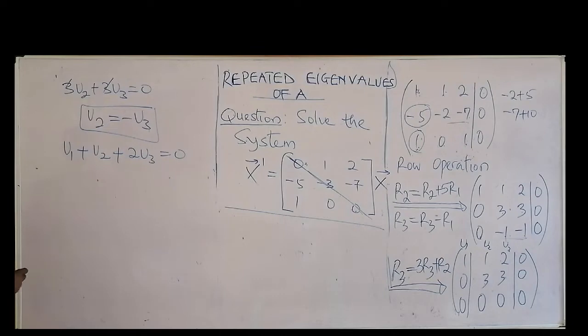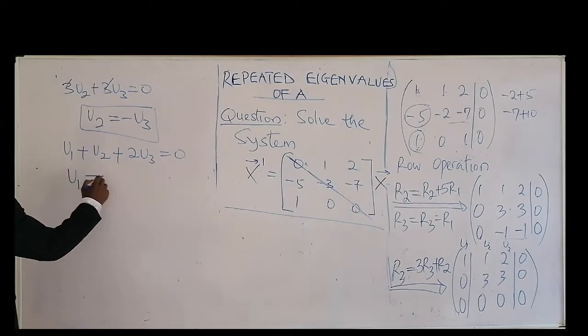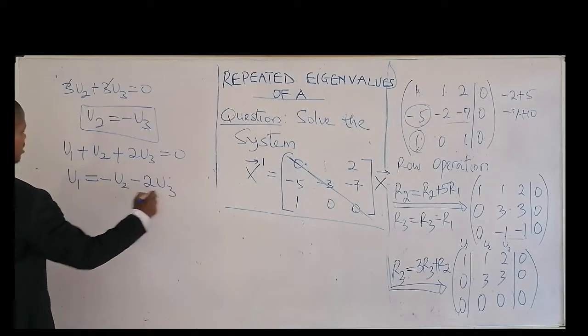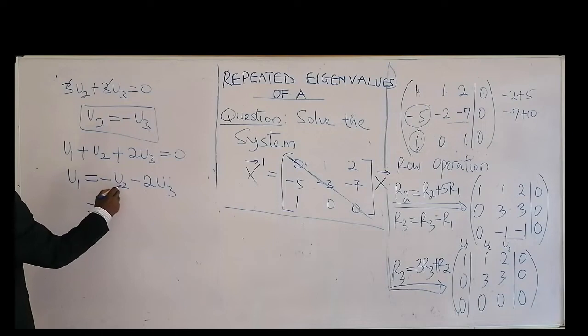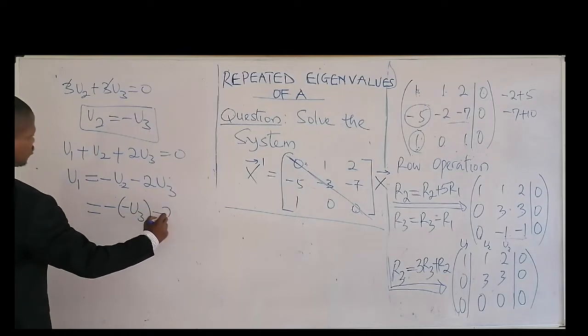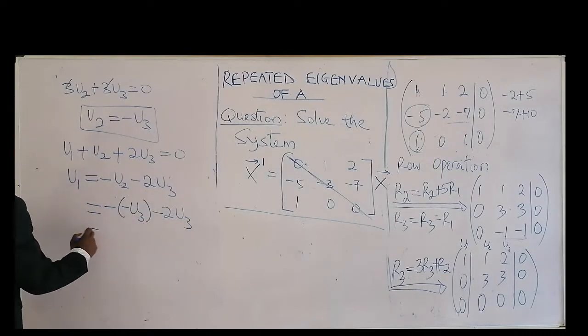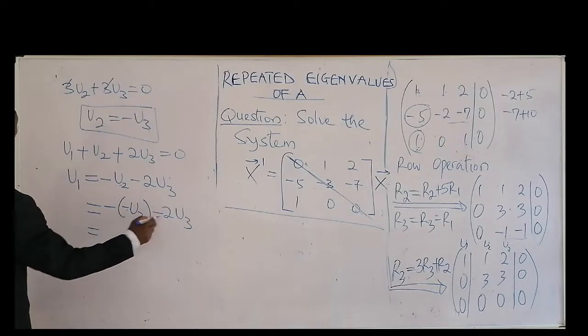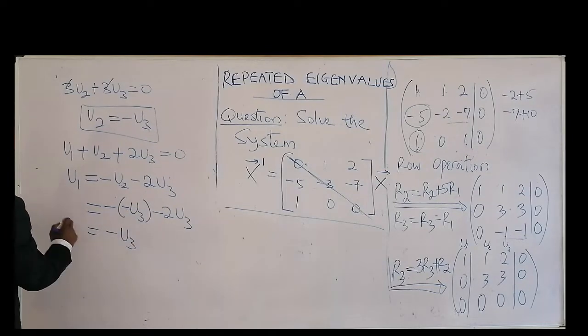So what we do now is make u1 the subject, and that will be minus u2 minus 2u3. And u2, I have the value for that, which is negative u3, minus 2u3. So that's 1 minus 2, so minus u3. So that's u1.